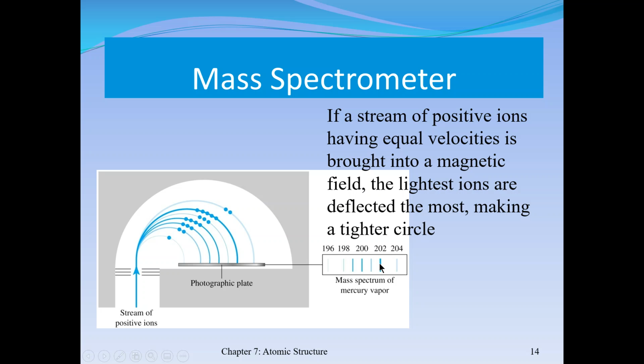So based on the intensity of this line here, you'd see that most of the ions will have a mass-to-charge ratio of 202, right? Which means that the mercury atom with the mass of 202 would be the most abundant mercury atom present. All right, so that's basically it as far as a mass spectrometer is concerned.